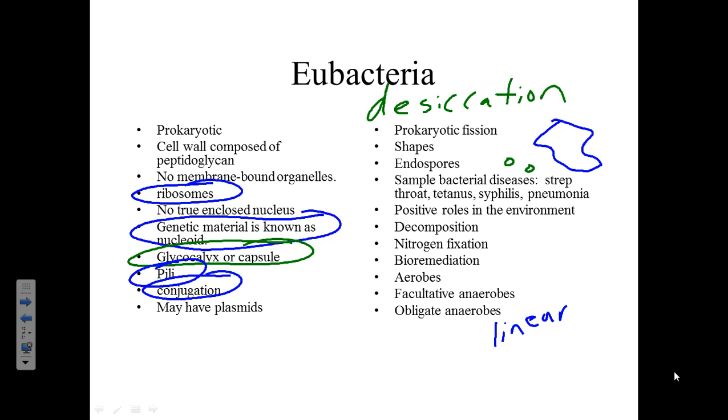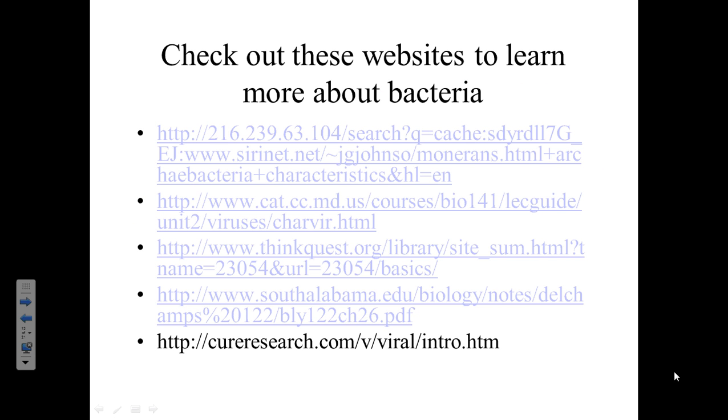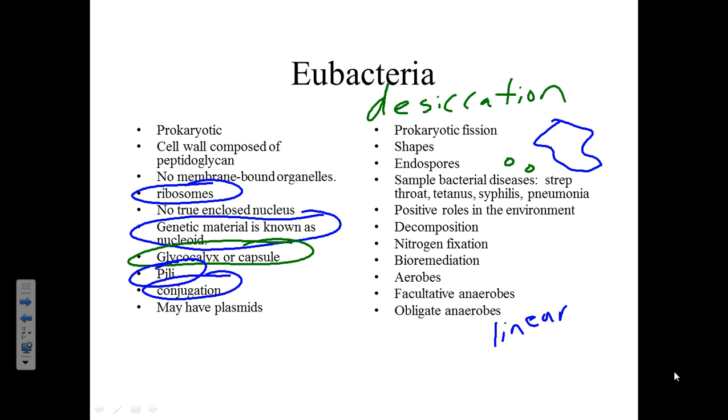And those are the pieces of DNA that they will swap. And those tiny loops of DNA that they can switch, they're called plasmids. So two bacteria hook together, they conjugate, they swap some plasmids, they separate. That's called sexual reproduction. You started with two bacteria, you still just got two.